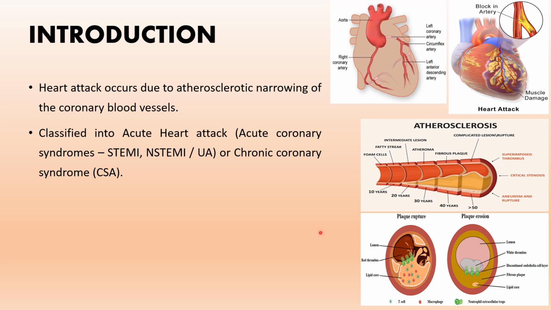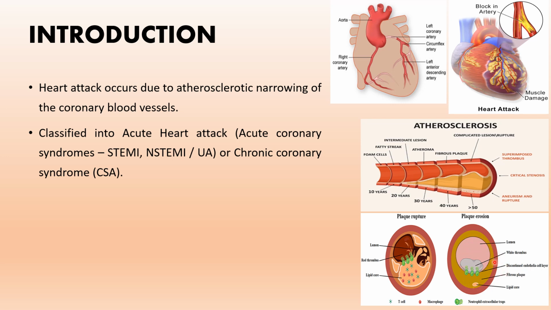This results in a sudden massive heart attack, which may cause severe intensity chest pain, or difficulty in breathing, or sometimes sudden cardiac arrest. The patient's heart suddenly stops sometimes and the patient may die suddenly before reaching a hospital or without any symptoms. So this is one of the mechanisms in acute coronary syndromes.